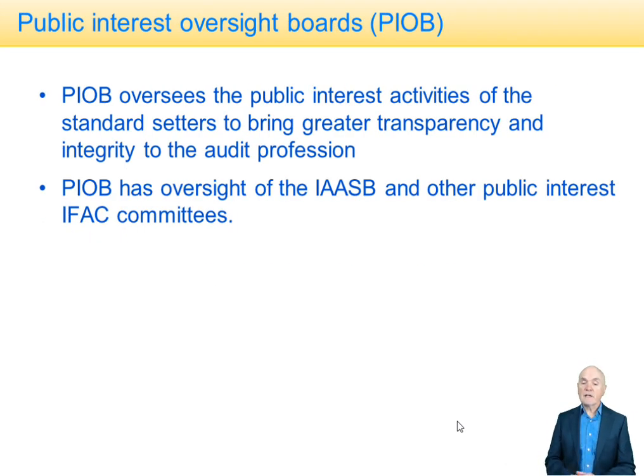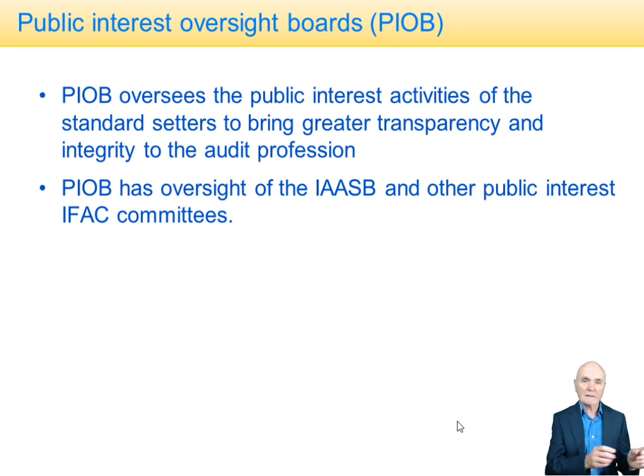Public interest oversight boards. Now, I suppose to some extent the problem with all the oversight levels we've seen so far, ACCA, the FRC, the IFAC, is that they're all very accountant-centric, really. Kind of for accountants by accountants. And what the Public Interest Oversight Board does is try to broaden that slightly and say, well, it's not just accountants using accounts.